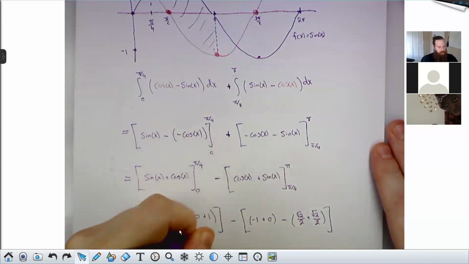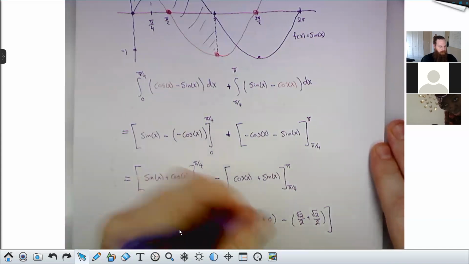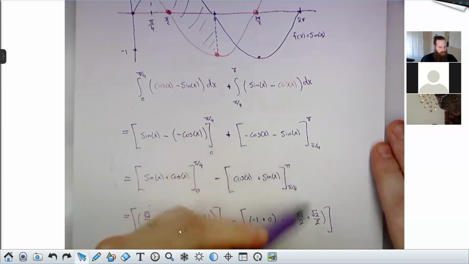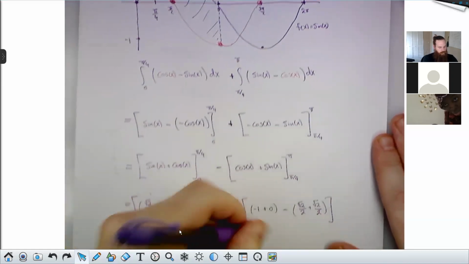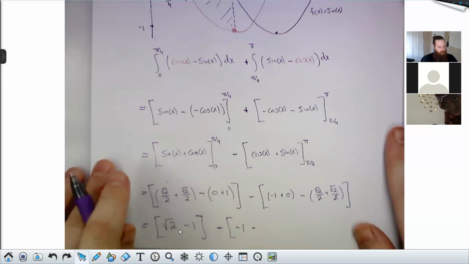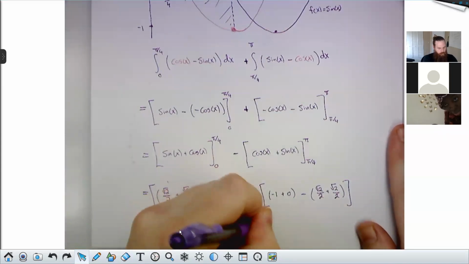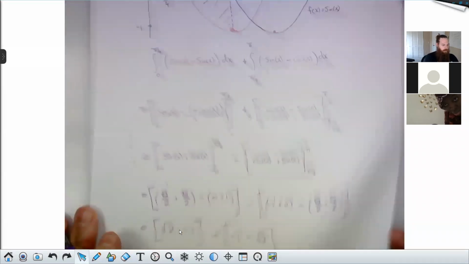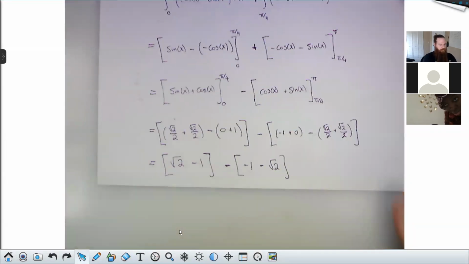And then from that, we're going to subtract. This piece is negative 1 minus, and this is another copy of root 2. This is root 2 over 2 plus root 2 over 2, or 2 times root 2 over 2, which is root 2. And then here, if we want to, we can clean this up a little bit more.